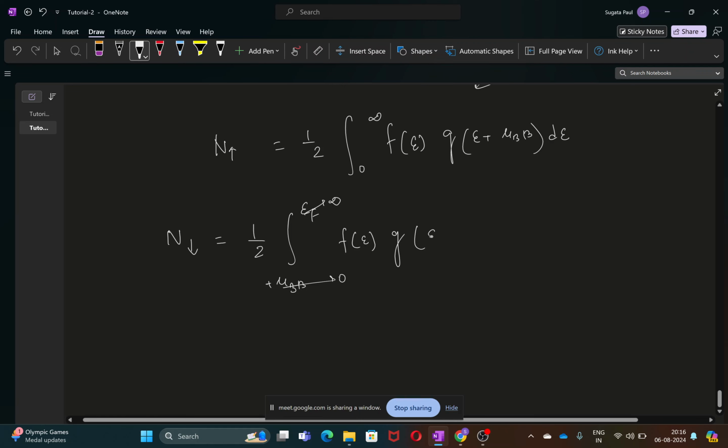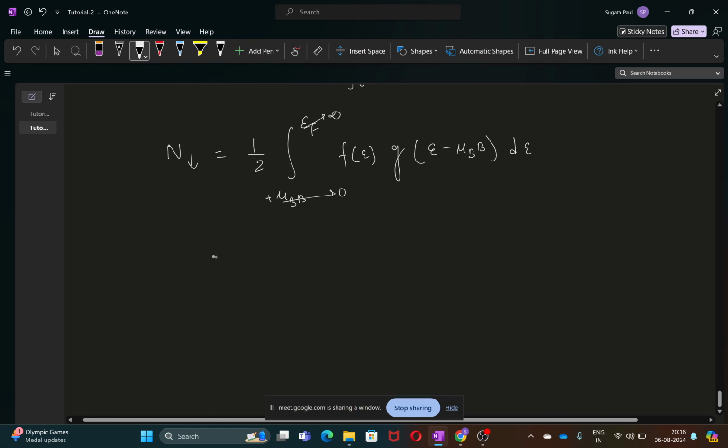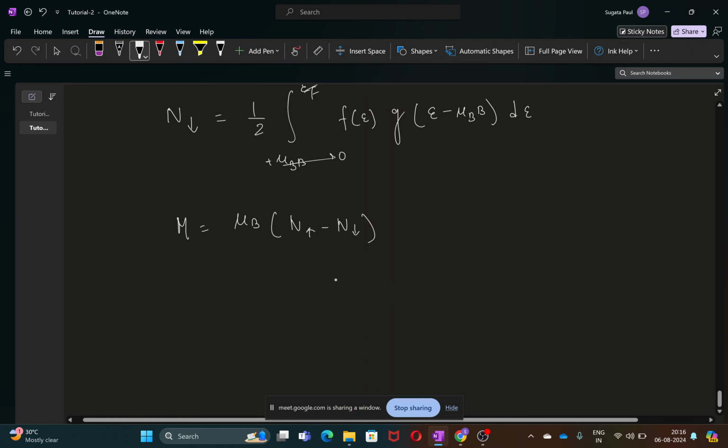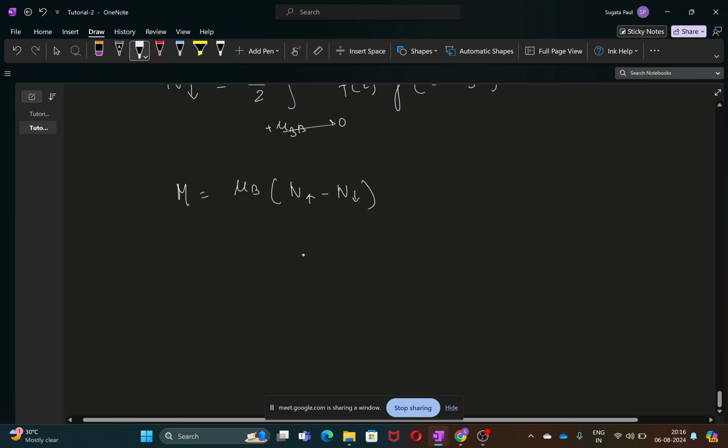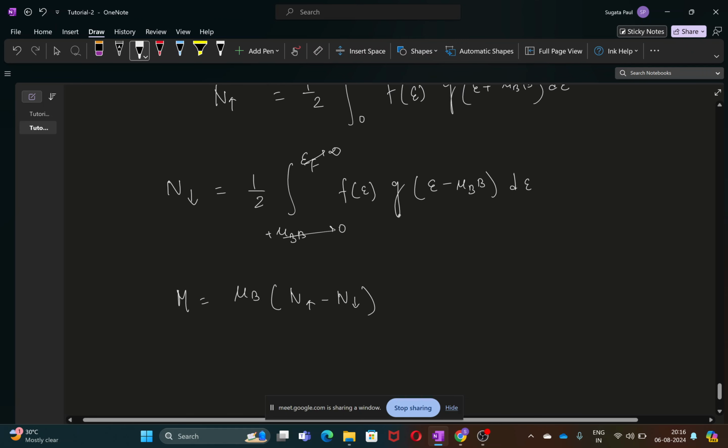Then the density of states modified for the spin down band is g(E - μB·B), because here the energy gets reduced by μB·B, and then dE. Now, as I said, you have to calculate the net magnetization of the system, which is nothing but the Bohr magneton μB multiplied by the number of states in the spin up band minus the number of states in the spin down band.